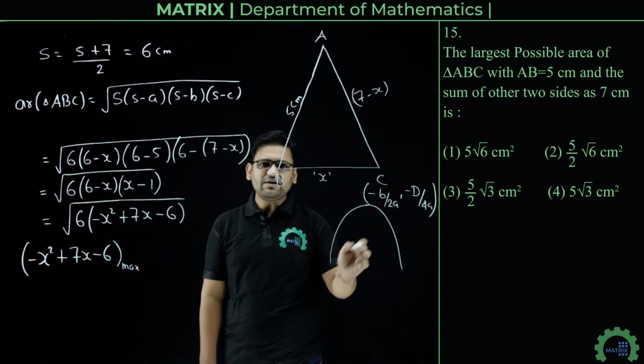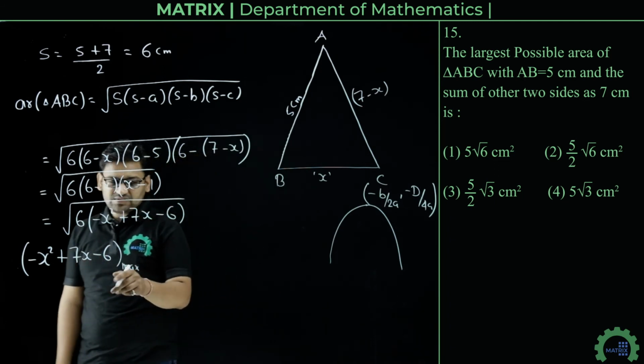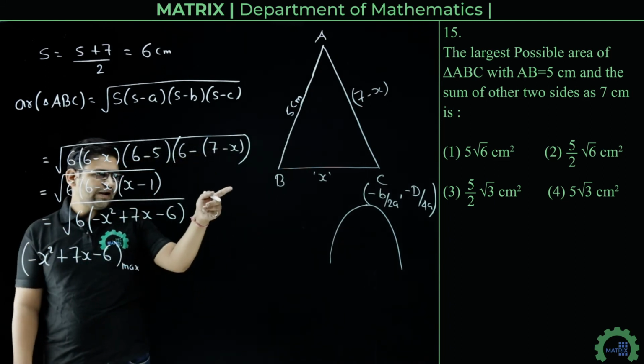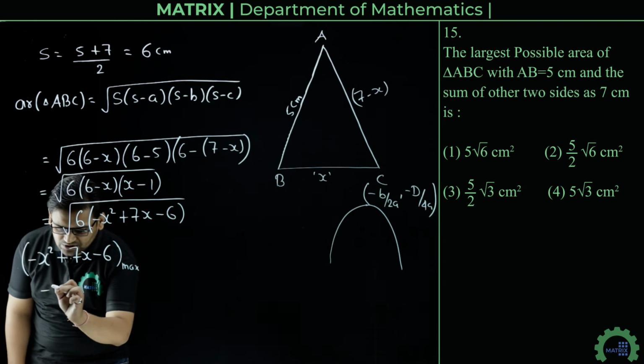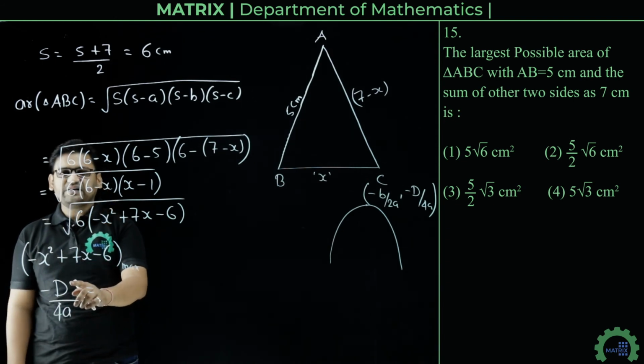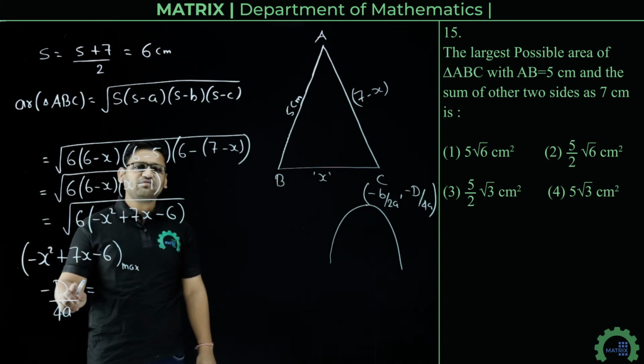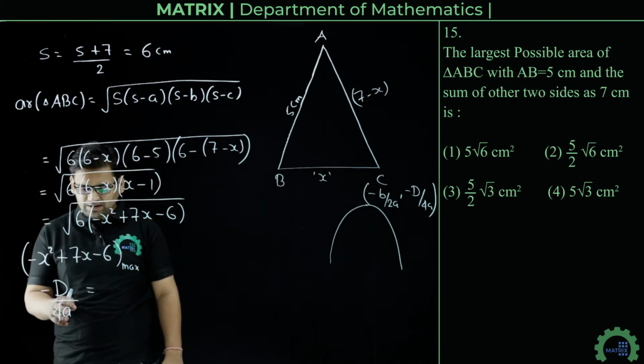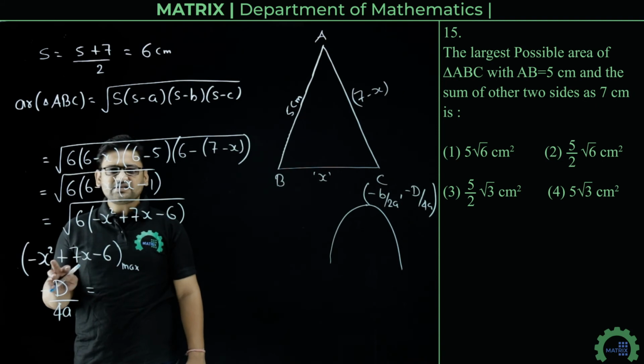Here capital D is the discriminant of the quadratic polynomial, and a is the coefficient of x square.